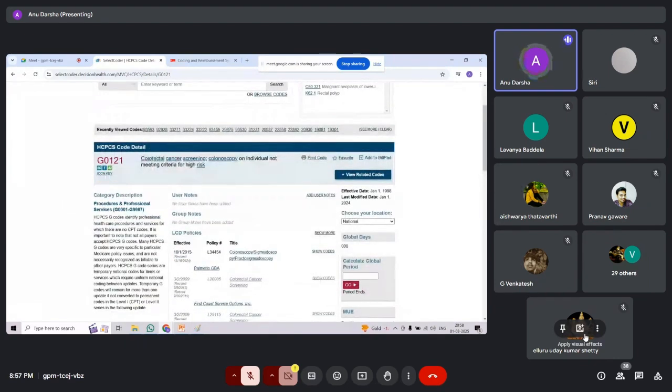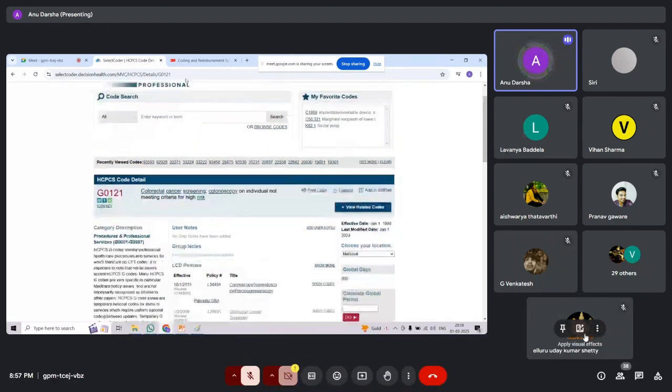This is the actual complete description of this CPT G0121: Colorectal cancer screening, colonoscopy on individual not meeting criteria for high risk. So, in the CPT descriptor itself, it is understandable that it is a screening colonoscopy, correct? So that is the reason there is no need of any modifiers.